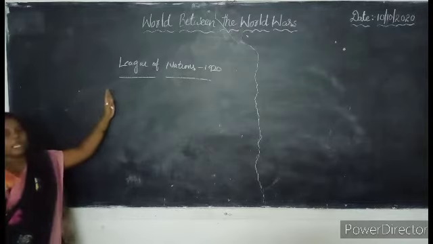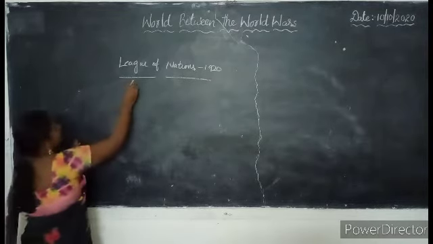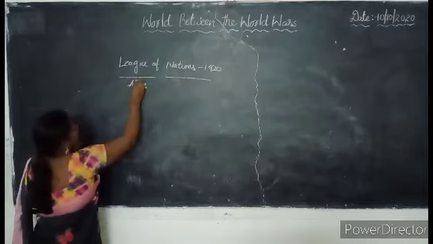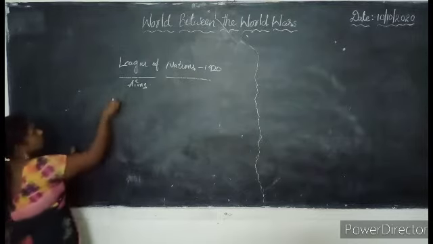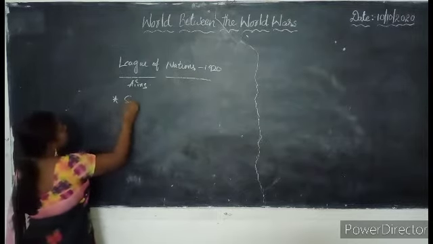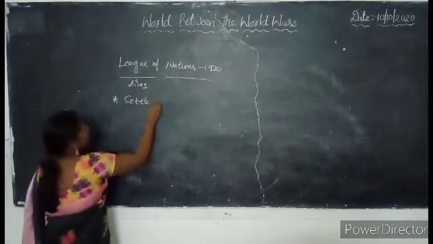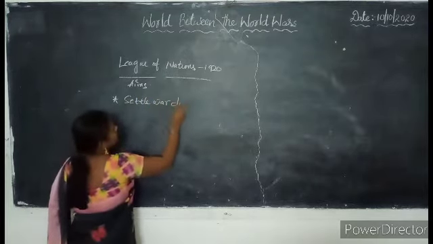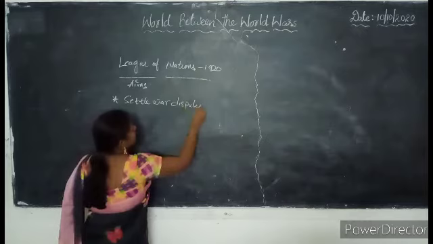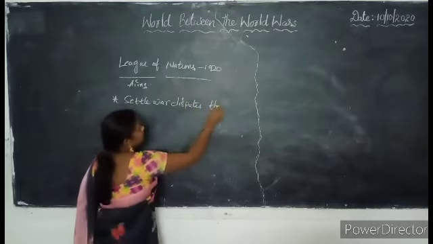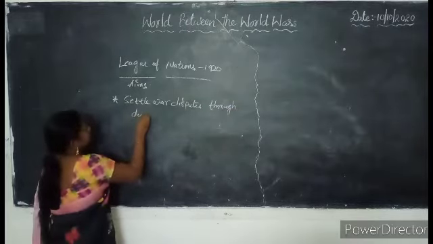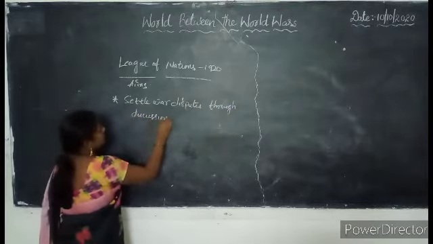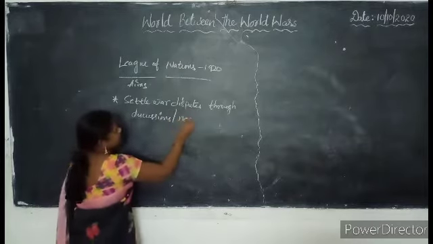So, what is the main aim of the League of Nations? In 2 marks they may ask, what are the main aims of the League of Nations? So, first one, settling war disputes through discussions or the negotiations.